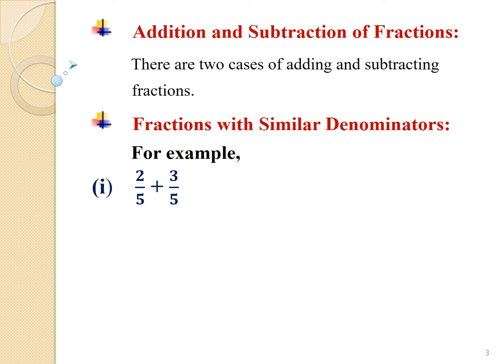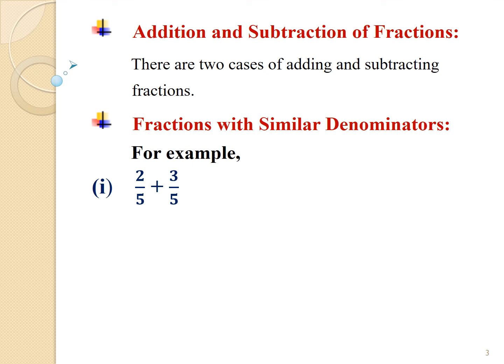Students, we know that in order to add or subtract fractions, we have to look at the denominator. As the denominators are same, we don't have to find the LCM. We add the numerators directly, keeping the denominator same.